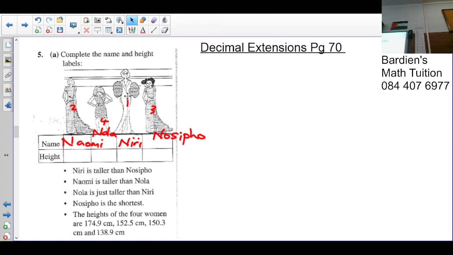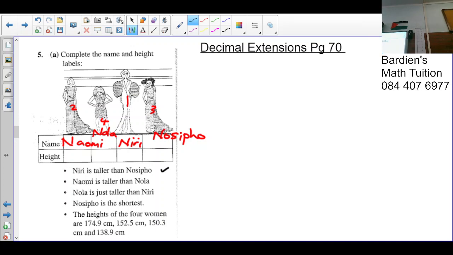So let's read. If we read this, it must conform to the names that we have. Is Niri taller than the Ch4? Niri is taller than the Ch4. Is that the case? Yes. So that one is correct. It adheres to what we have.